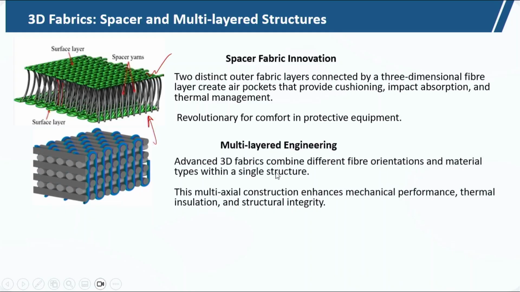And in multi-layered 3D fabrics, you can see that the 3D layers are there. These are extremely highly protective, advanced 3D structures combining different fiber orientations and material types in a single structure. So, you can have different types of combinations.